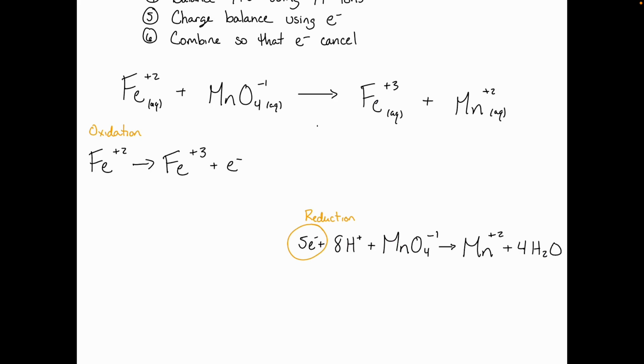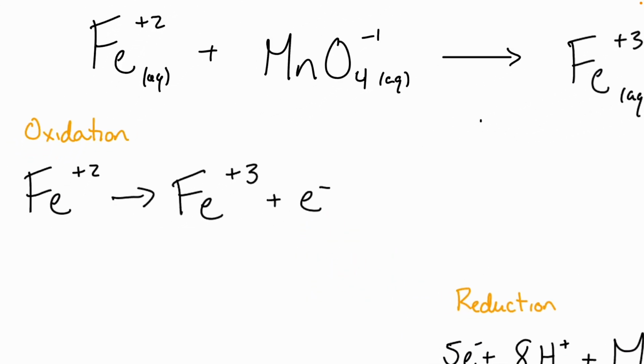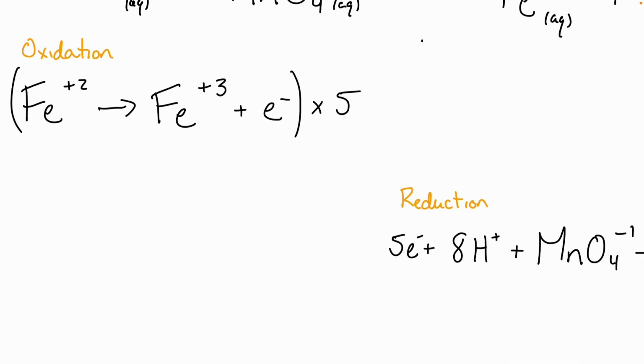So what I'm going to have to do is take this oxidation reaction and multiply every component by 5. That way I have the same number of electrons in both. But it's not just going to hit those electrons. Now I'm going to have 5 Fe 2+ ions, 5 Fe 3+ ions, and 5 electrons.